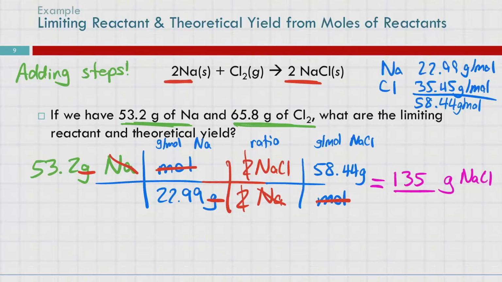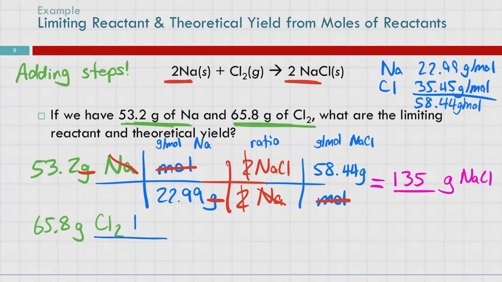So that's about half of the work. We also have to figure out how much we can make from our chlorine. So we'll do the same process. 65.8 grams Cl2.